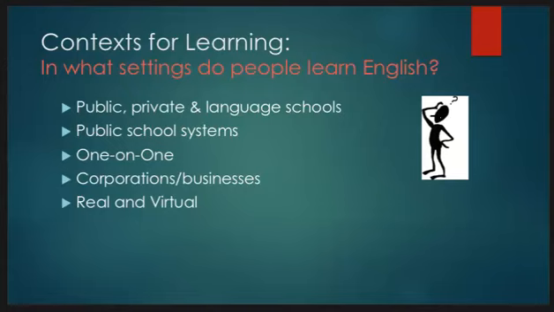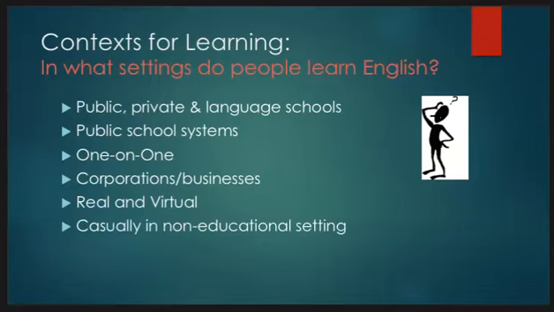And certainly we're seeing the proliferation of a lot of that kind of programming happening in this moment as well. Additionally, often English is being learned in a really casual, non-educational setting, maybe just with a friend who meets with you to have a conversation partner, and maybe you work on a few specific structures or vocabulary around a specific topic of interest. So sometimes it doesn't have to be necessarily a classroom situation.